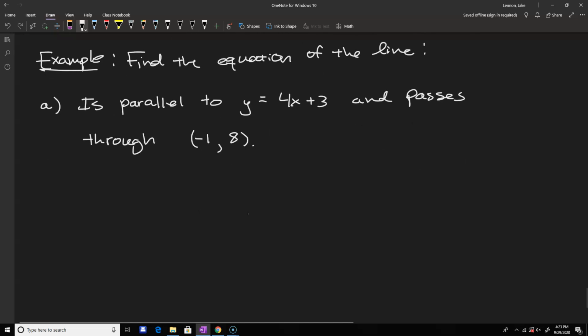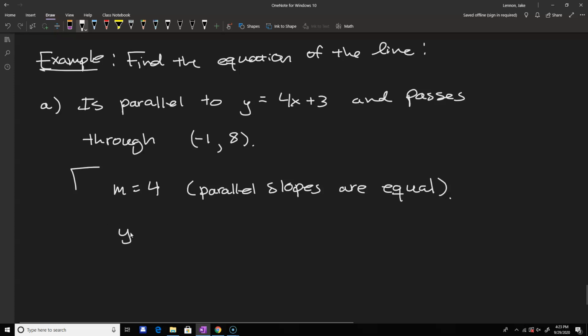Okay, so for this one we know m must be the same. Parallel slopes are equal. And then we just want to plug in the point we know. So we know our line has to have equation y equals 4x plus b, and then we just want to plug in the values.